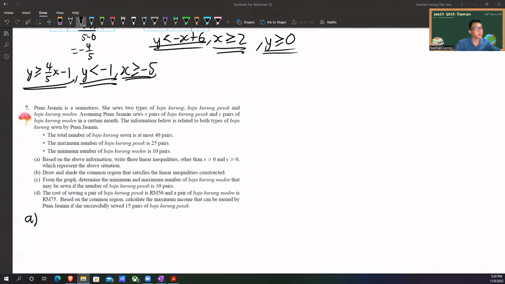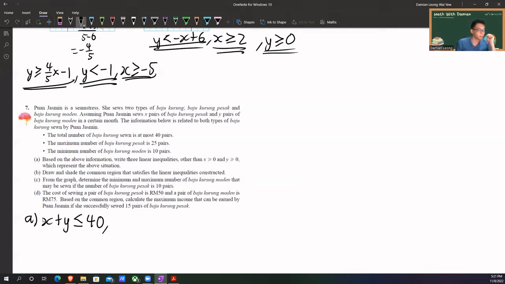So first thing, always we have to write the inequalities. Always have to get the inequalities right. So based on the restrictions here, pesak is X, modern is Y. Total baju kurung is at most 40. Total means X plus Y. At most means it cannot be more, so it can be less, it can be equal. 40.